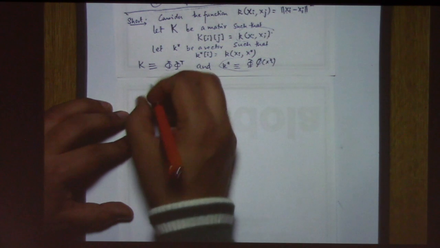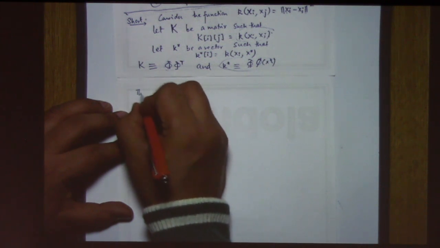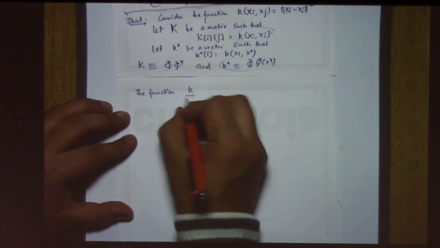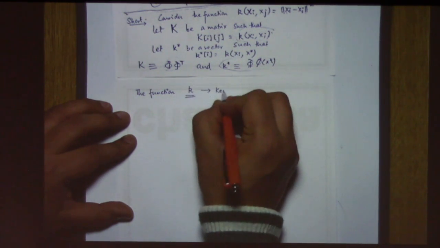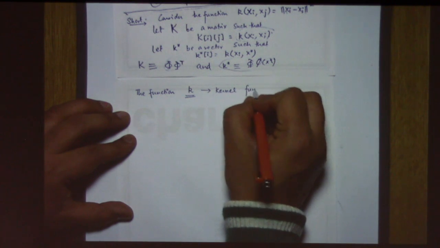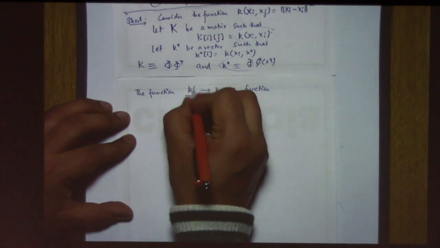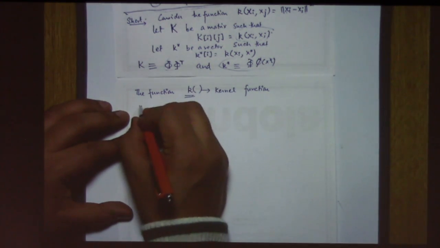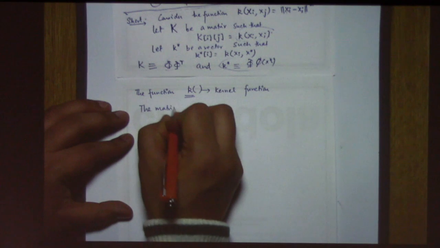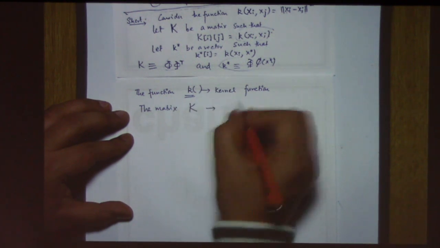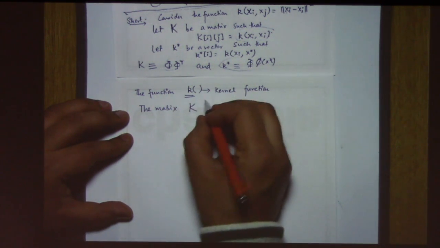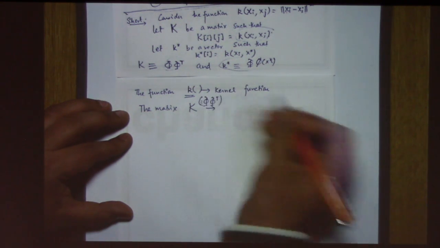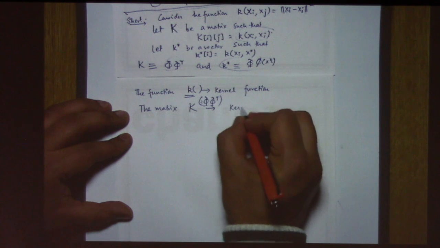So the function k is important. This is what we call a kernel function. It takes two objects as inputs, right? And the matrix K, which, if you had done explicit mapping, corresponds to phi transpose phi, is called the kernel matrix.